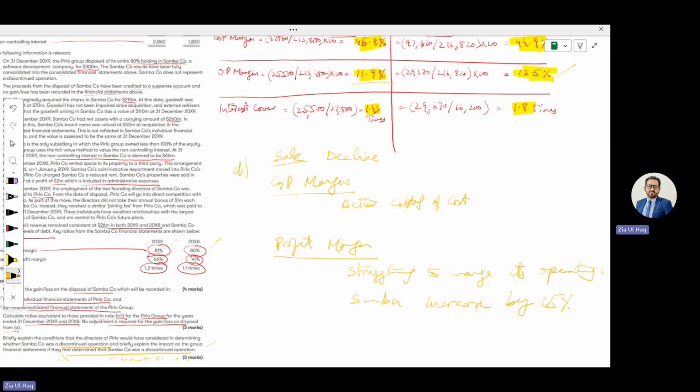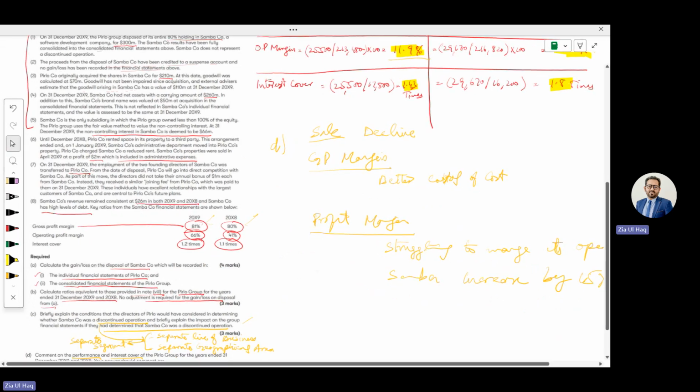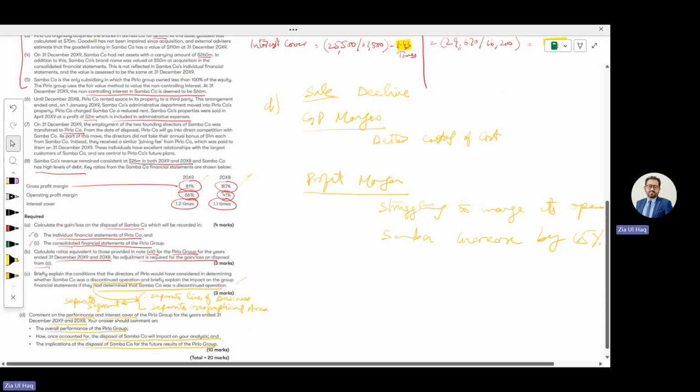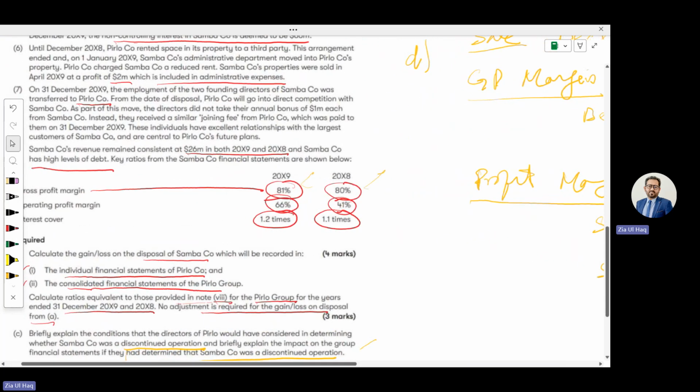We can discuss this. What else? Might be Samba profit margin increased because they sold some asset during the year. By how much did they sell the asset during the year?